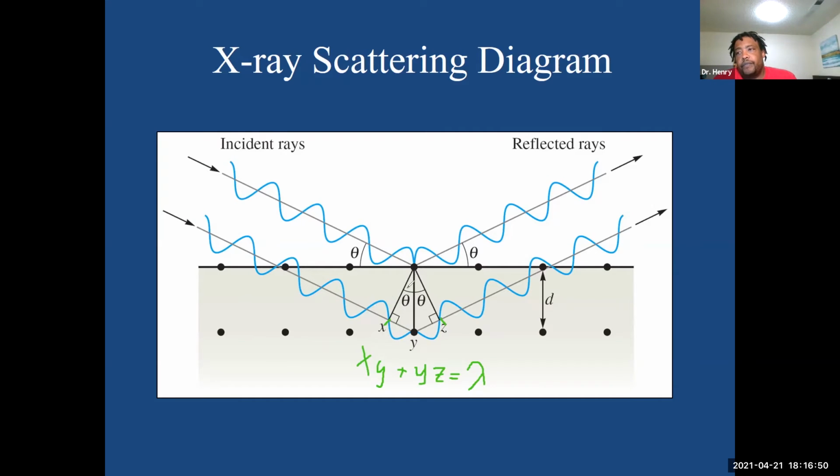And if we look at our angle, we know that back in those old days, sine is going to be equal to opposite over hypotenuse. Okay, so in this case, opposite is going to be that distance between x and y.